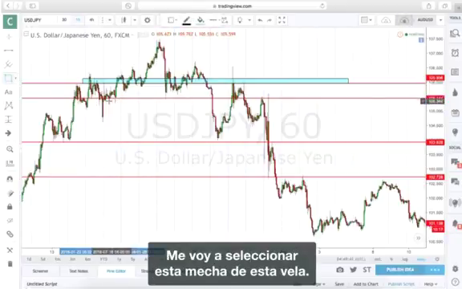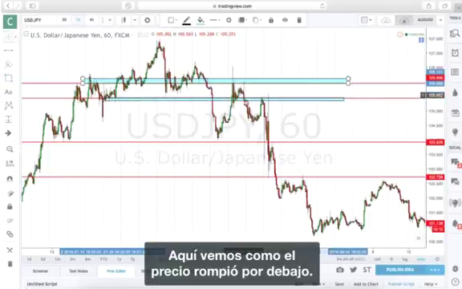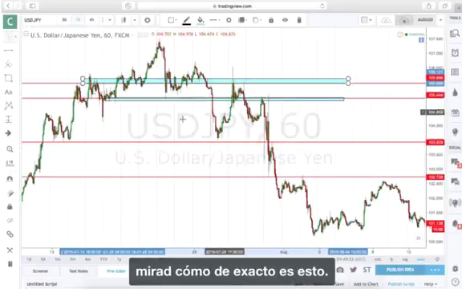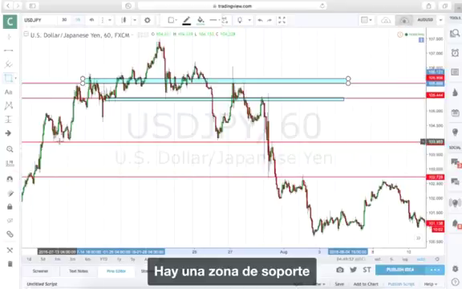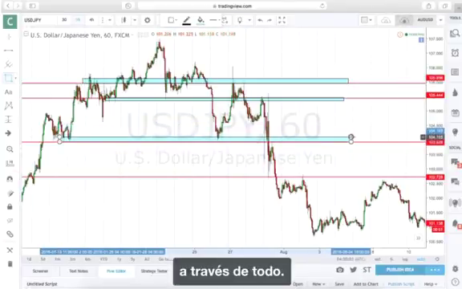I could pick this wick to the body of this candle. Here we see how price broke below, tested, even made this big wick right here as well. Look how accurate this is, right? You see an area of support, go from this wick to the body of the candle all the way across.